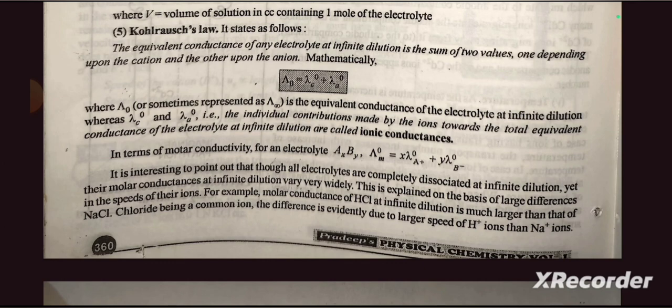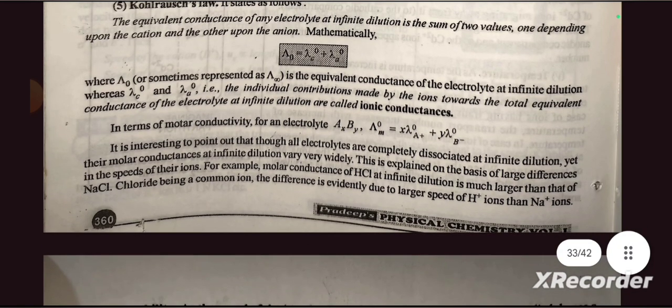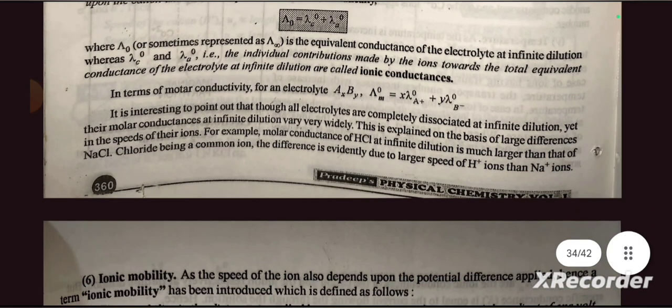Mathematically, lambda naught is equal to lambda naught C⁺ plus lambda naught A⁻, where lambda naught is the equivalent conductance of the electrolyte at infinite dilution, whereas lambda naught C and lambda naught A, that is, the individual contributions made by the ions towards the total equivalent conductance of the electrolyte at infinite dilution, are called ionic conductances. In terms of molar conductance, for an electrolyte AxBy, lambda naught m is equal to x lambda naught A⁺ plus y lambda naught B⁻.